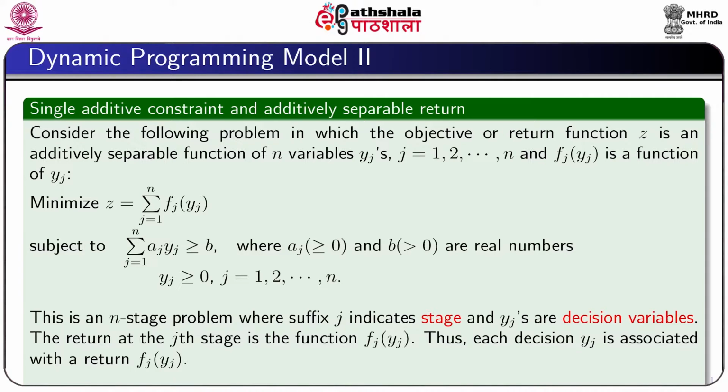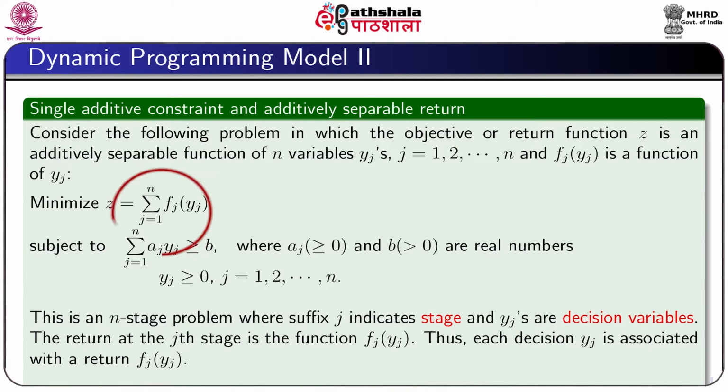Consider the following problem in which the objective or return function z is an additively separable function of n variables yj, and fj(yj) is a function of yj.